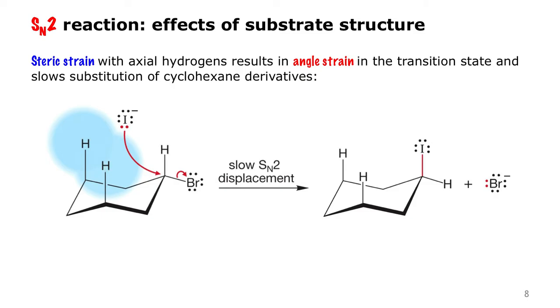So again, the reaction will occur, but it's going to be much slower than it would on other substrates. The other consequence you can see is that we get inversion of configuration. Initially that iodine would end up axial, but of course once the product is completely formed, it can undergo chair-chair interconversion and form the more stable conformer.